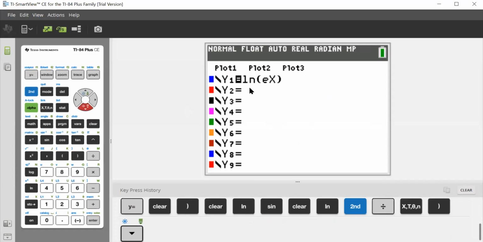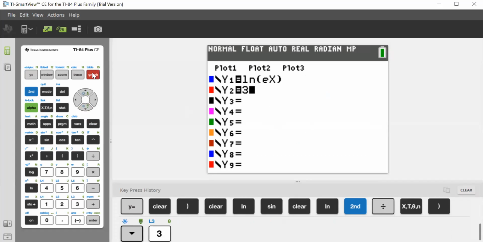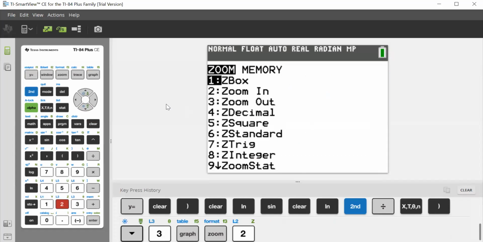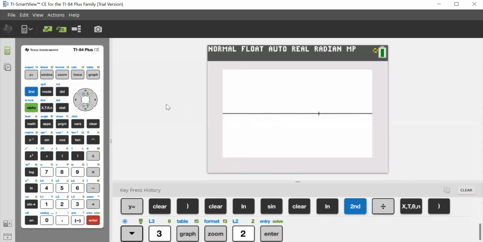It's just y equals 3, right? So if we graph those and zoom it so we can actually see, I hit zoom in.